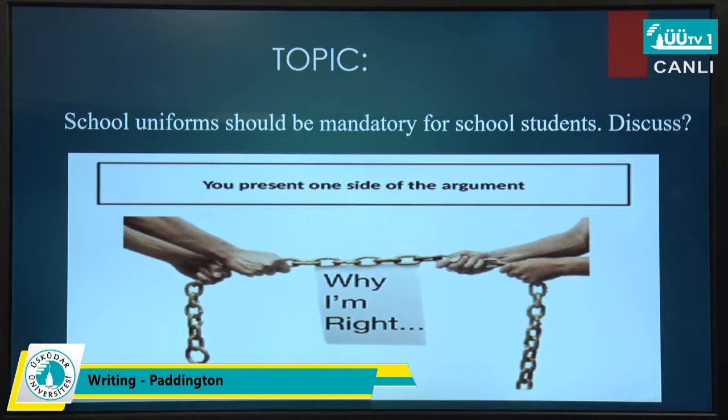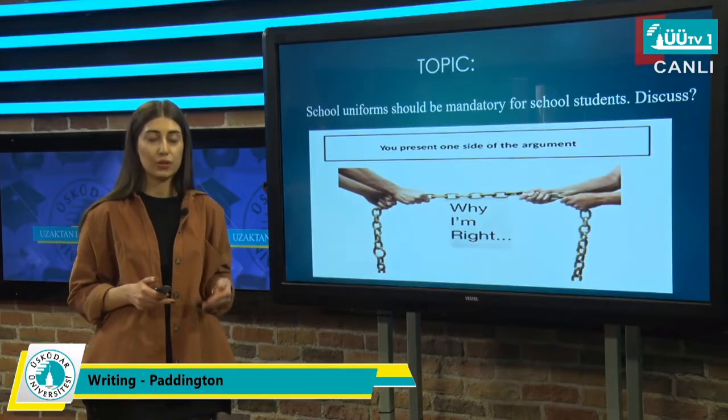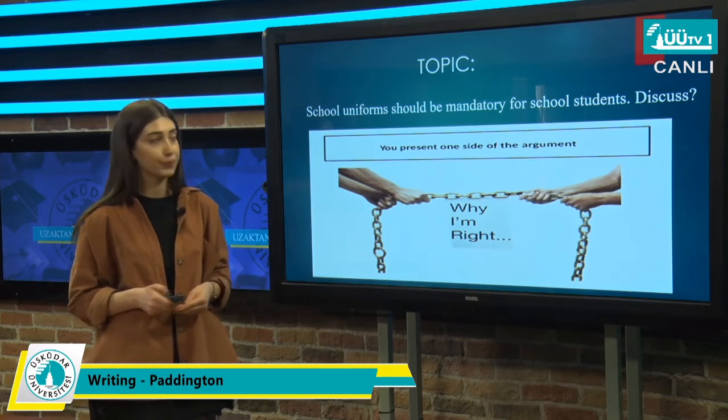Or another topic like this: school uniforms should be mandatory for school students. Discuss. So what are you doing? You see the topic and you have to present just one side of the argument and decide and say why your side, why your argument is right and others are wrong.